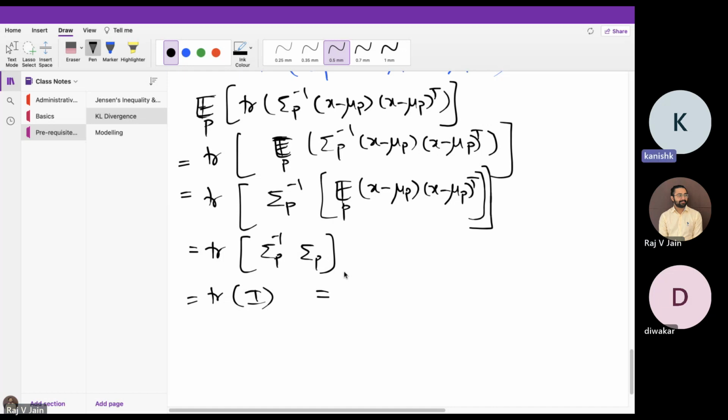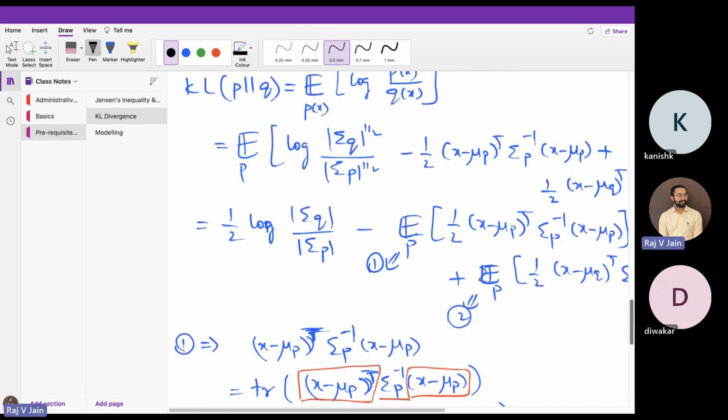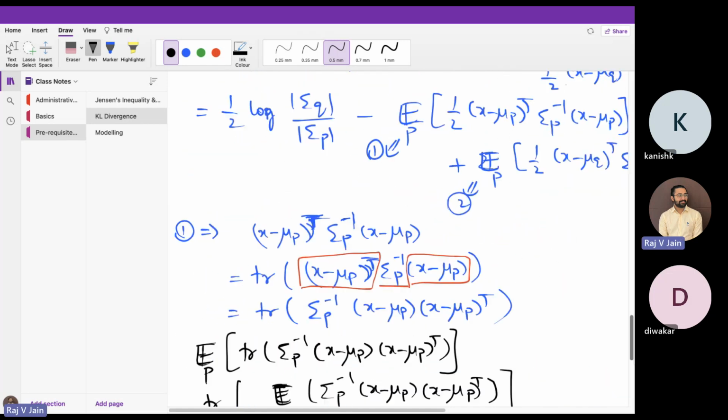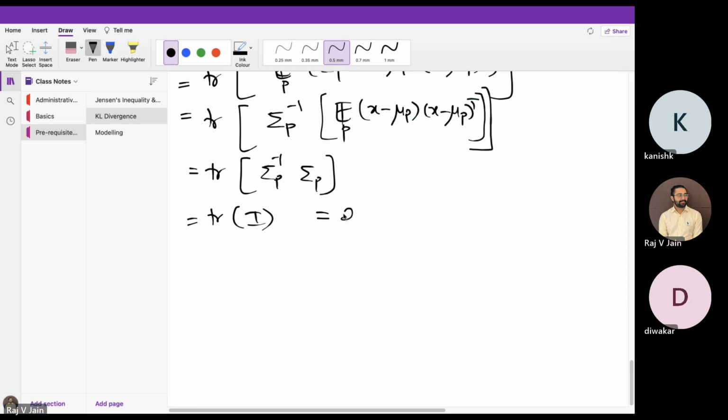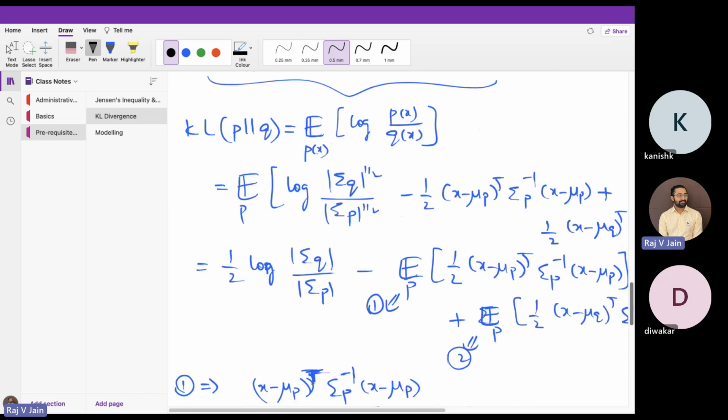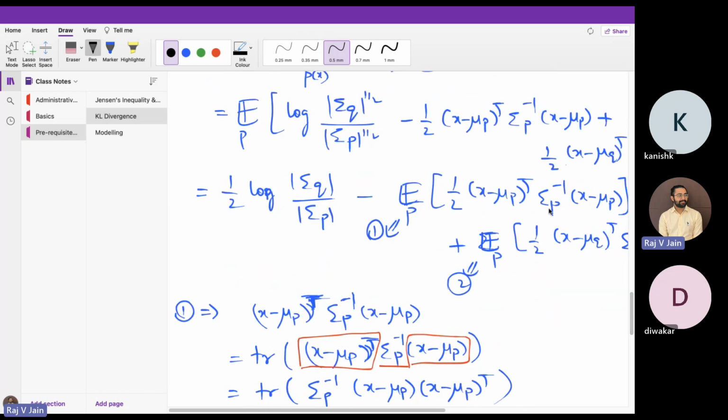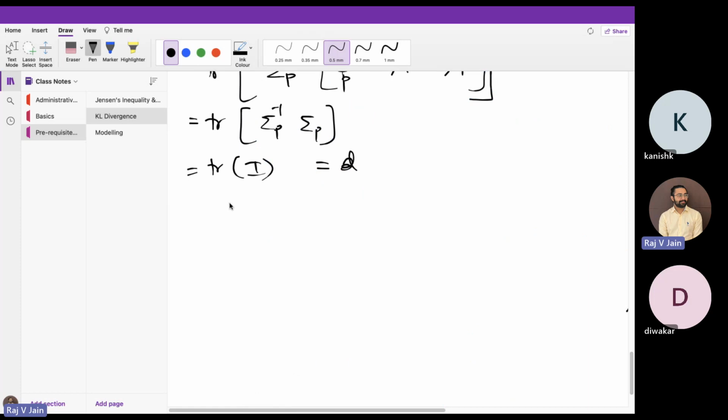It depends on the dimension. We already discussed what dimensions it lies in: it is the R^D space. So this will just be D. My second term turned out to be a very simple term. Though it looks very complicated, it is just minus D by 2, since we ignored the half. So the term number 1 turns out to be D by 2.